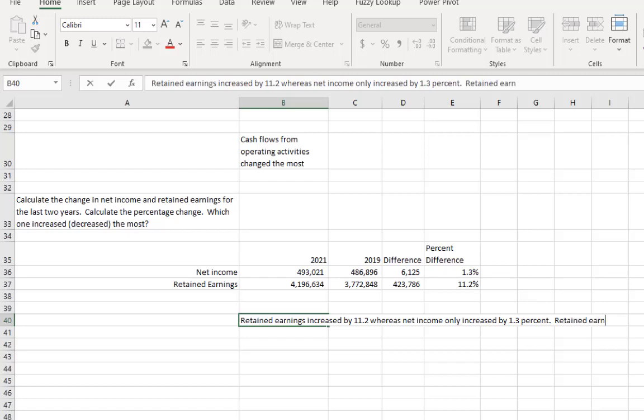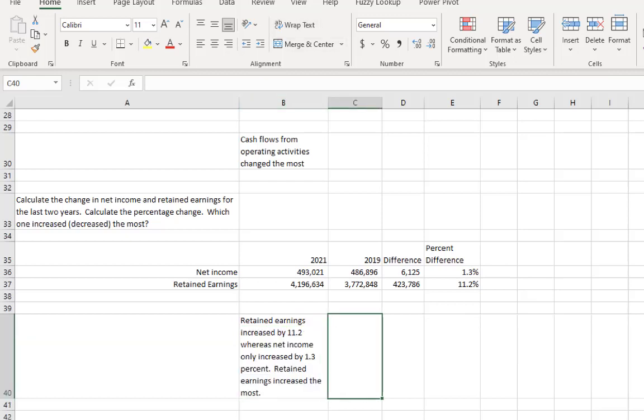Retained earnings increased the most. And now again, I'm going to word wrap that so that I have my answer there.